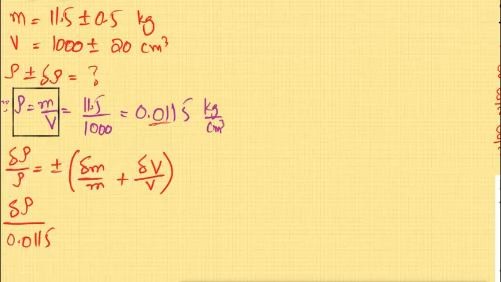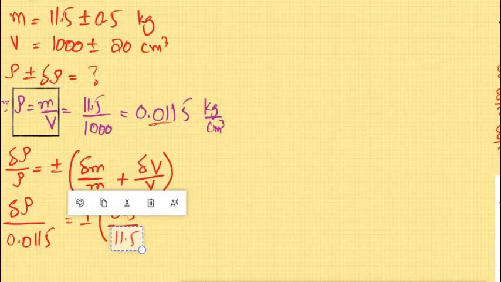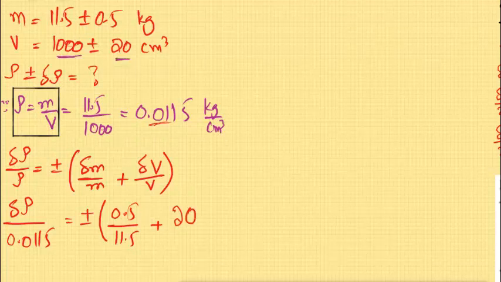And now this is equal to plus minus the error in mass, which is 0.5, over the actual value of mass, 11.5, plus the error in volume, which you can see is 20, over the value of volume. So in place of volume I'm going to write 1000.